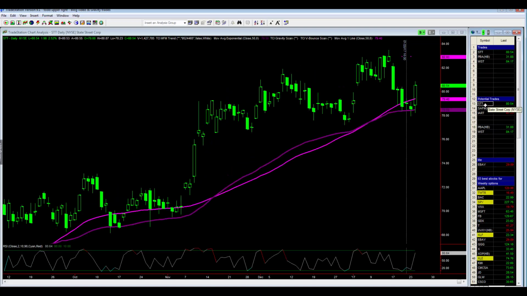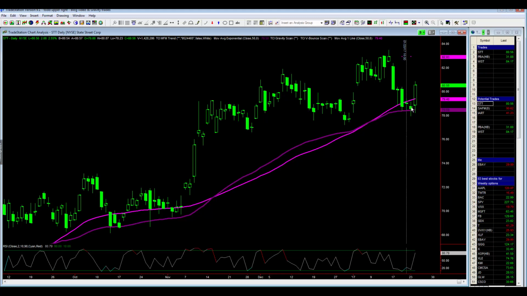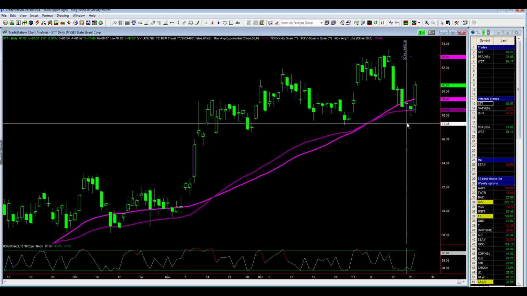STT, on the other hand, perfect trade setup. Right here on Friday, the 20th, we were looking to buy above the high on Monday. Monday is still in these two moving averages, right? The low is lower than Friday's, and the high is lower than Friday's.